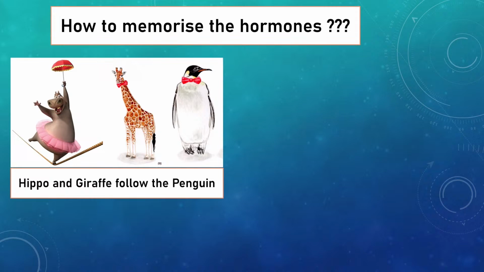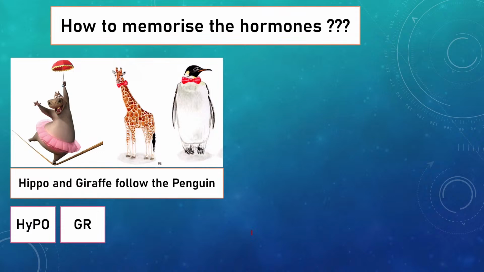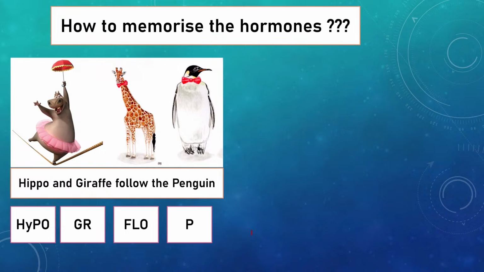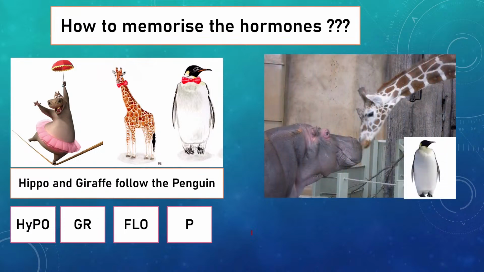Now, why hippo and giraffe follow the penguin? Because teacher wants to use the alphabets there. HYPO for hippo, GR for giraffe, FLO for follow, and P for penguin. Now, let's repeat the phrase again.